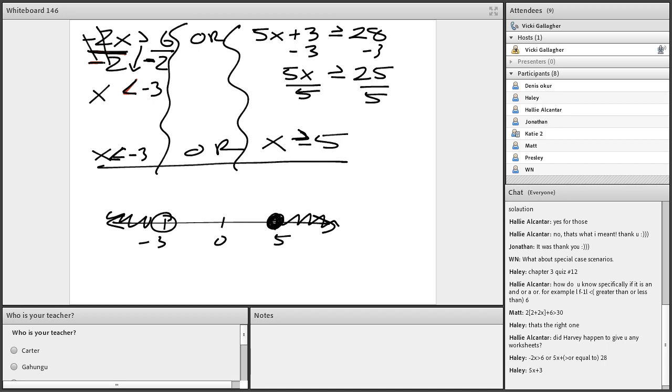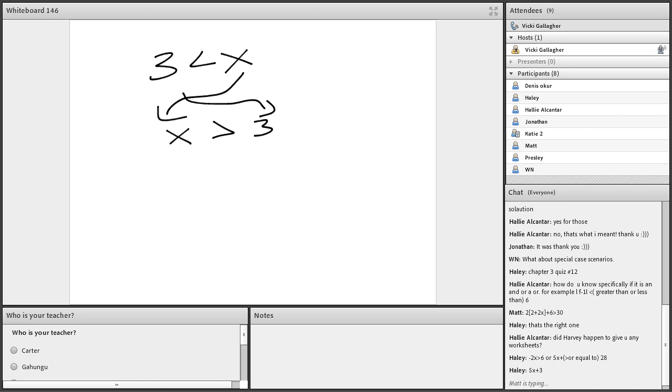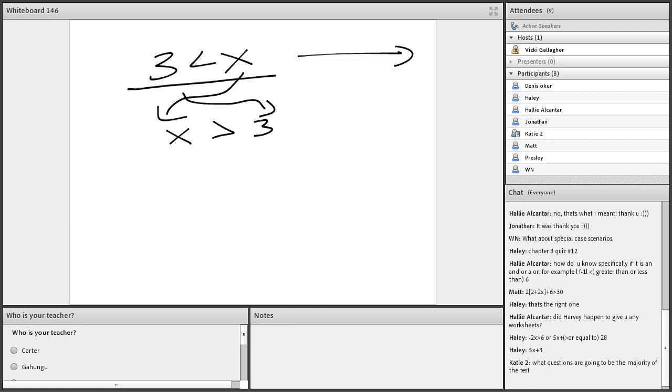I think one thing we didn't talk about was if the letter is on the wrong side. So if you finish a problem and you have like 3 is less than x, definitely don't leave it like that. When you go to write it on the answer line, you want to flip-flop everything, including the inequality. Some things that I saw my students do, they left it like this, and then when they went to graph it, they thought they were supposed to shade this way, which is incorrect.